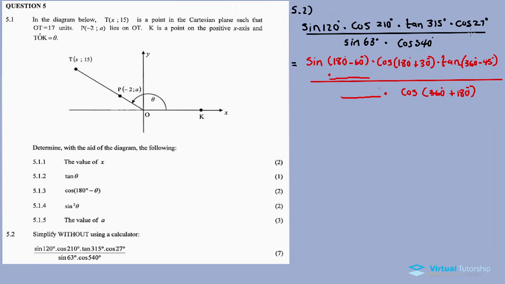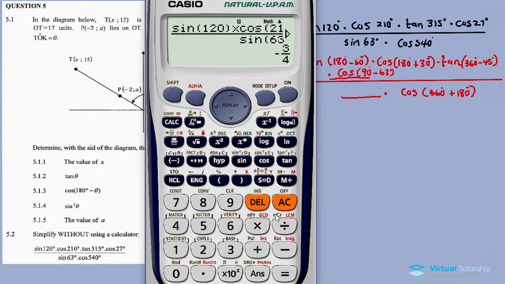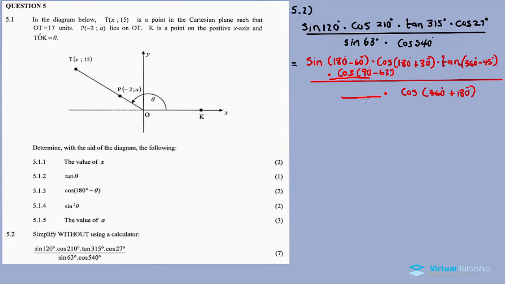So this 27 we can write as cos of 90 degrees minus 63 degrees. What is 90 minus 63 degrees? It is equal to 27 degrees, right? Why am I using the co-ratio?